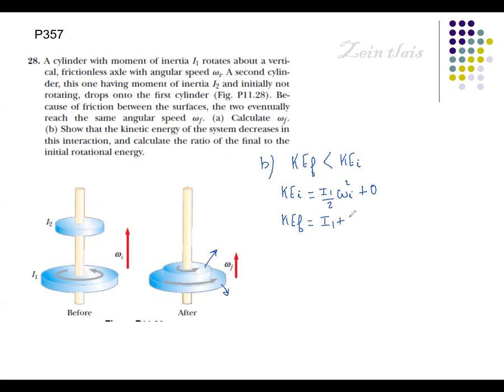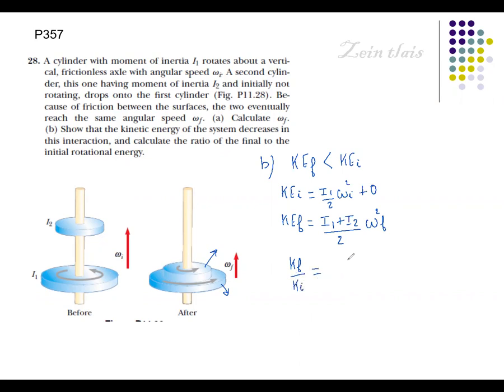We have I1 plus I2 divided by 2, and here we have the same angular speed, omega squared. Here we can calculate the ratio between the kinetic energy final divided by kinetic energy initial.